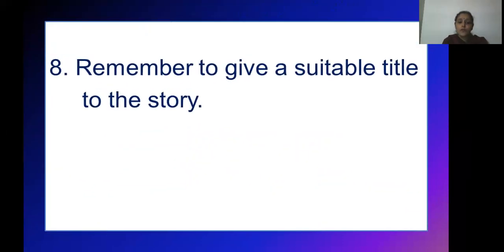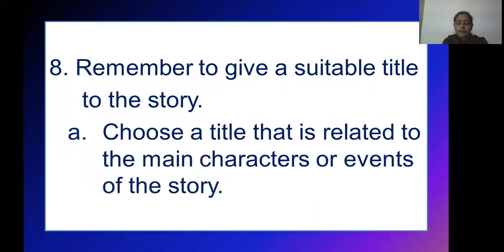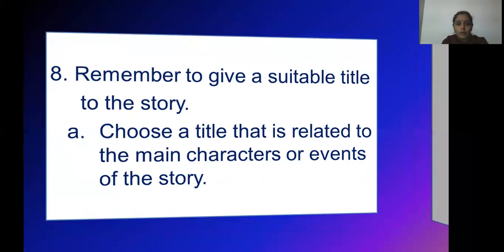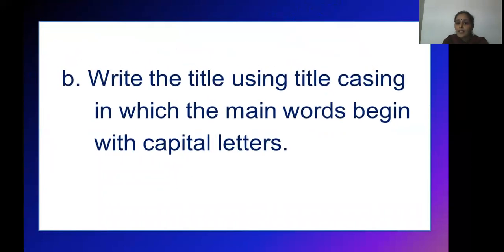Remember to give a suitable title to the story. Based on the outline, based on the characters in the story, you can decide and give a suitable title to the story. Choose a title that is related to the main characters or events of the story. And one more thing you have to remember is write the title using title casing in which the main words begin with capital letters.